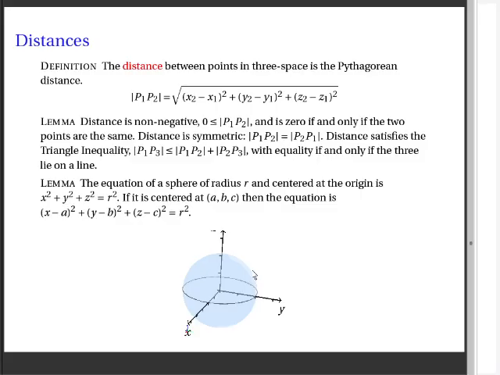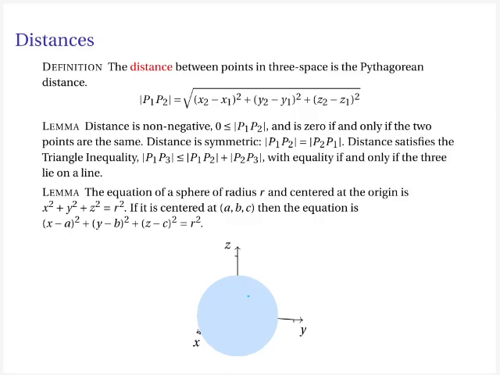Said another way, x squared plus y squared plus z squared equals r squared. So if you're on the sphere, then you satisfy that relationship. If the sphere is centered at the point a, b, c, then the equation has an x minus a quantity squared, and a y minus b quantity squared, and a z minus c quantity squared. And again, perfectly familiar.